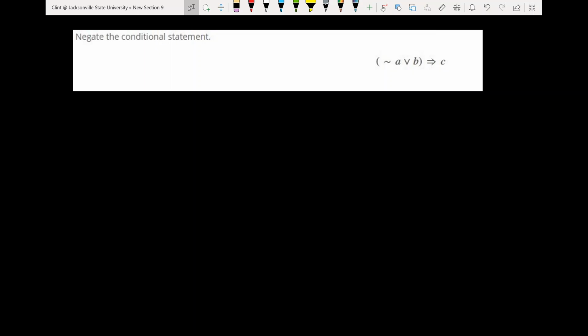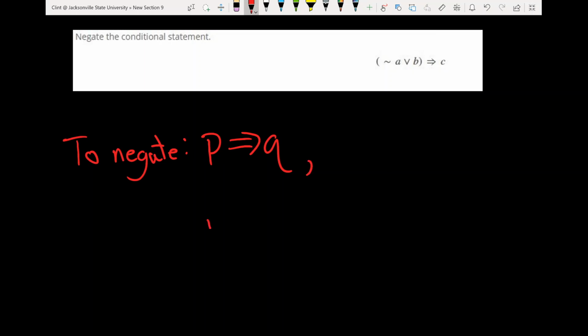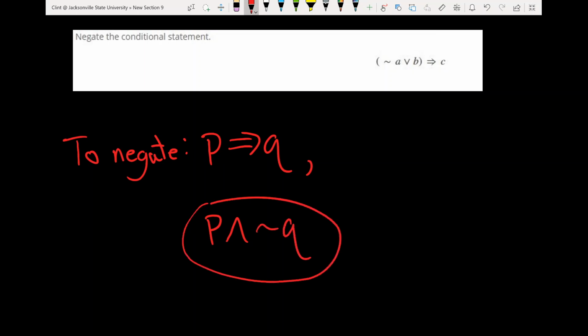Our rule says if we have some statement, if P, then Q, and we want to negate that, what we do is we take the first part, so we take P, and then we're always going to have and, and then we negate the second part, so squiggle Q. That would be our negation here.